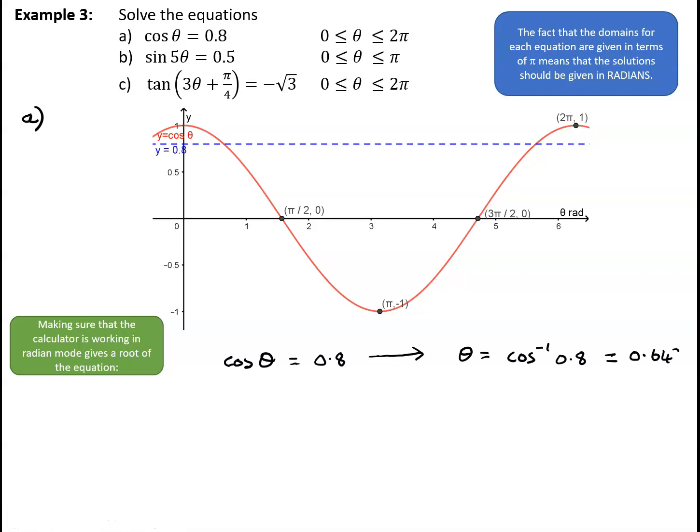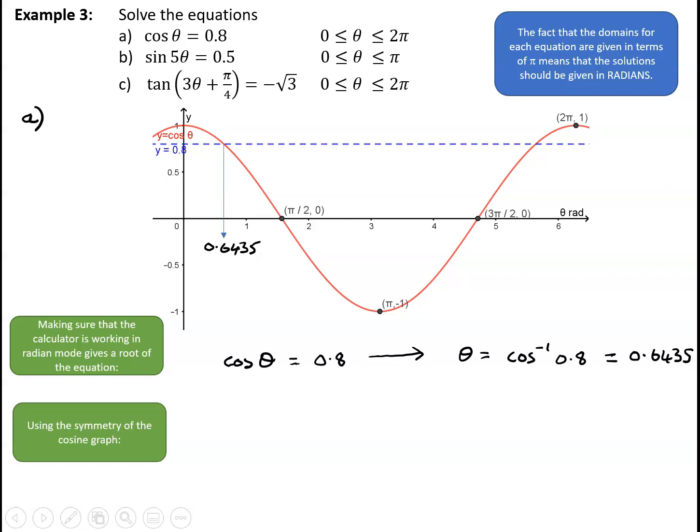So cos theta equals 0.8. The inverse cosine function tells me that theta then is 0.6435. So that gives me one solution which I can mark onto my sketch, and I can then use the symmetry of the graph to say that the other solution is going to be 0.6435 before 2 pi.